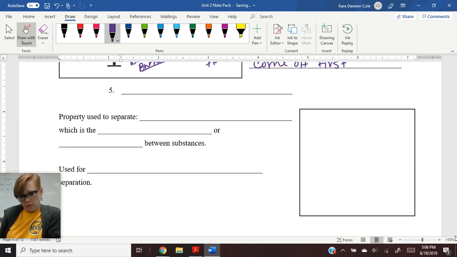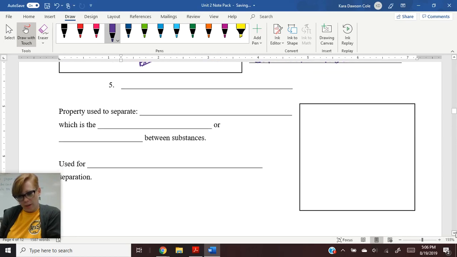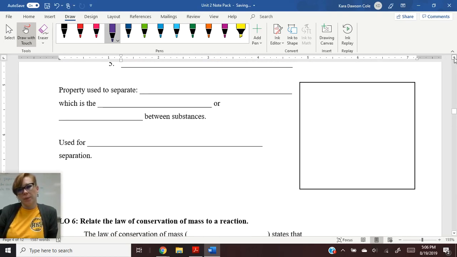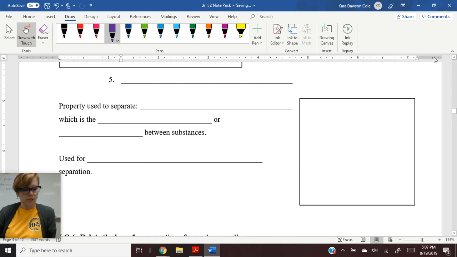The final way to separate mixtures, the final way that I'm going to talk about in class, is chromatography.